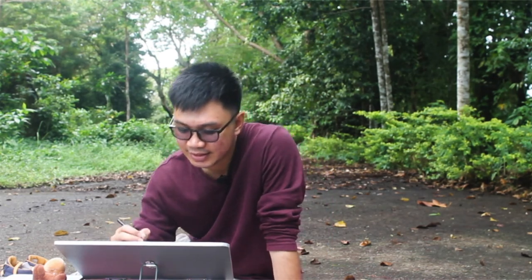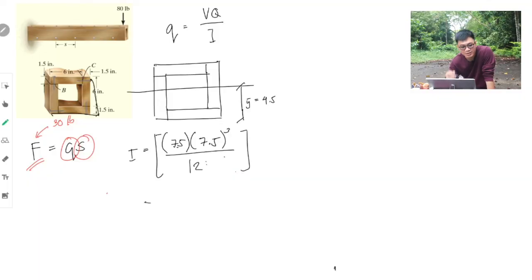And then, we're not going to use parallel axis theorem because the centroid is still located at the neutral axis. And this is minus. Minus because it is hollow. And that is 6 minus 1.5, that is 4.5. 4.5 times 4.5 cube over 12.